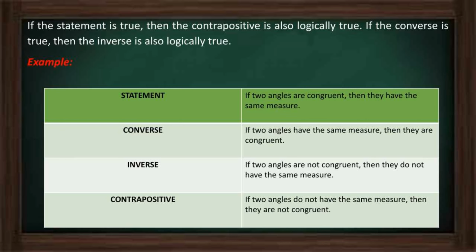So our example is, if two angles are congruent, then they have the same measure. So this is our conditional statement. If we analyze this given conditional statement, what do you think? Is it true or false? Yes, you are correct.